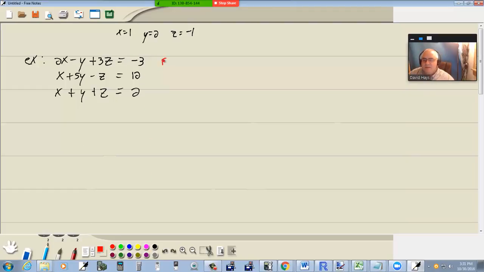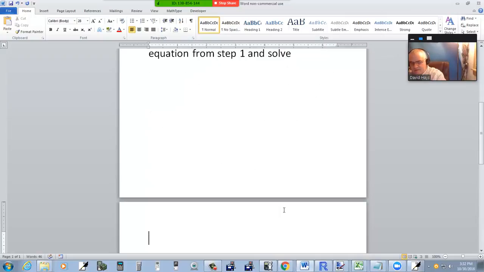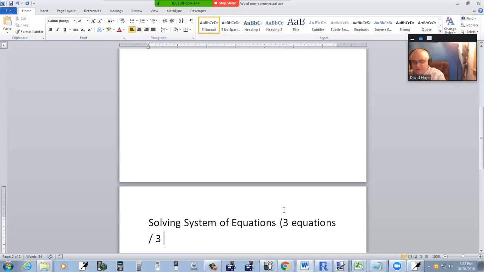First off, this is equation 1. This is equation 2. And this is equation 3. This is solving a system of equations. 3 equations, 3 variables.